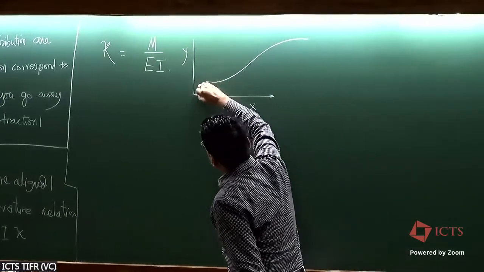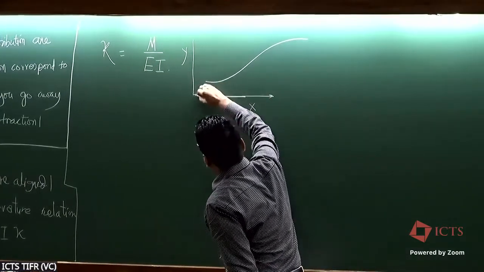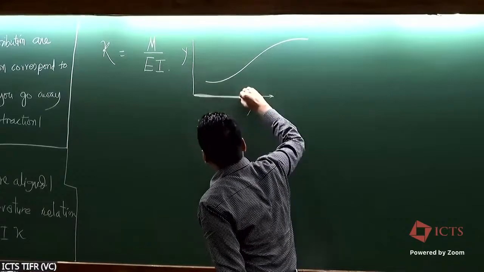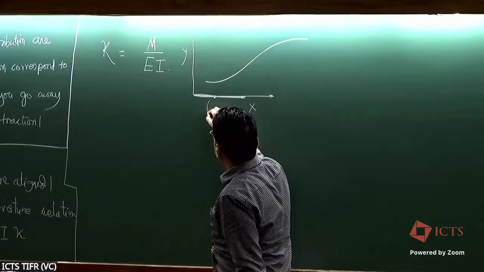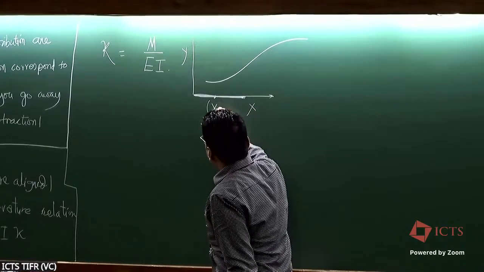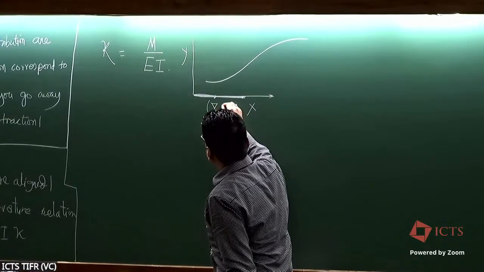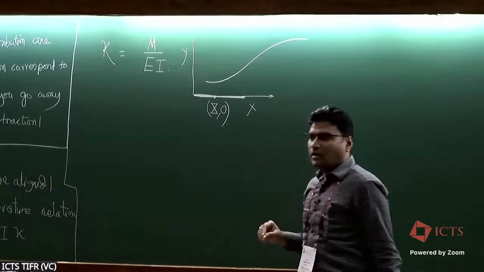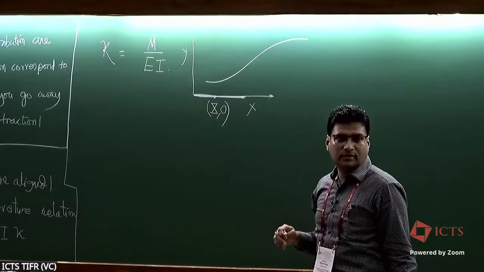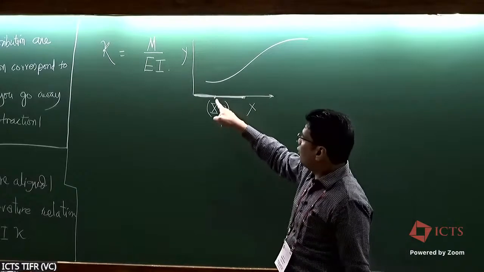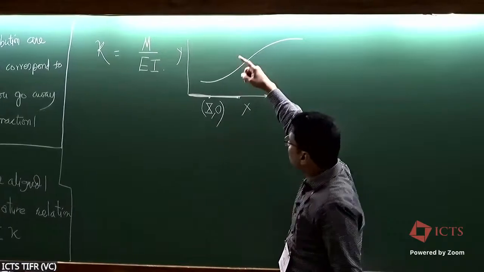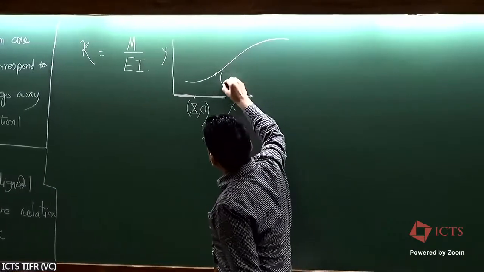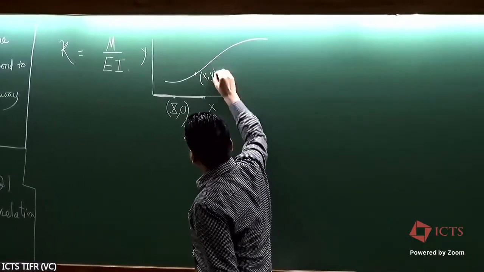Initially, your curve was along the x-axis, and any point here is given by big X, comma, 0, if the curve was originally straight. Then any point along the beam goes to a point small x, comma, y.